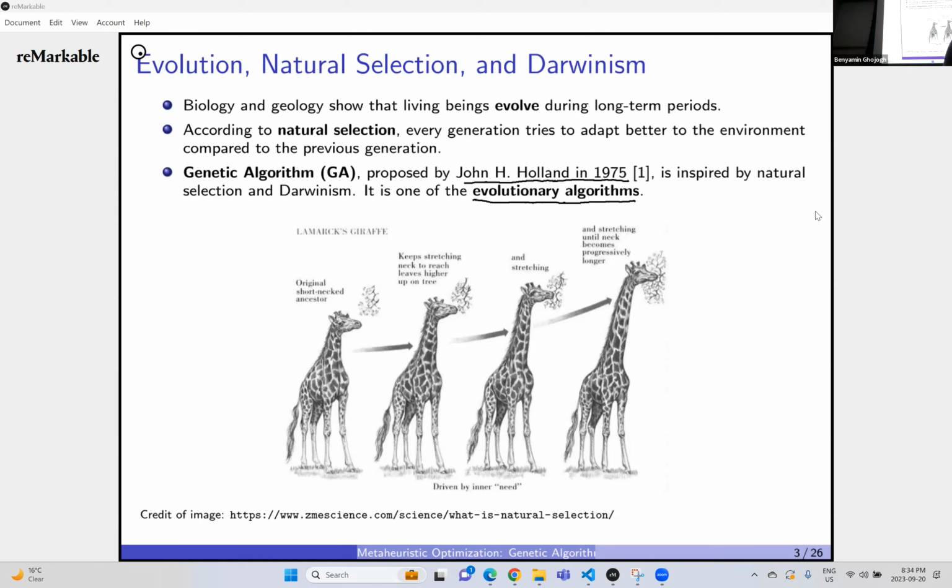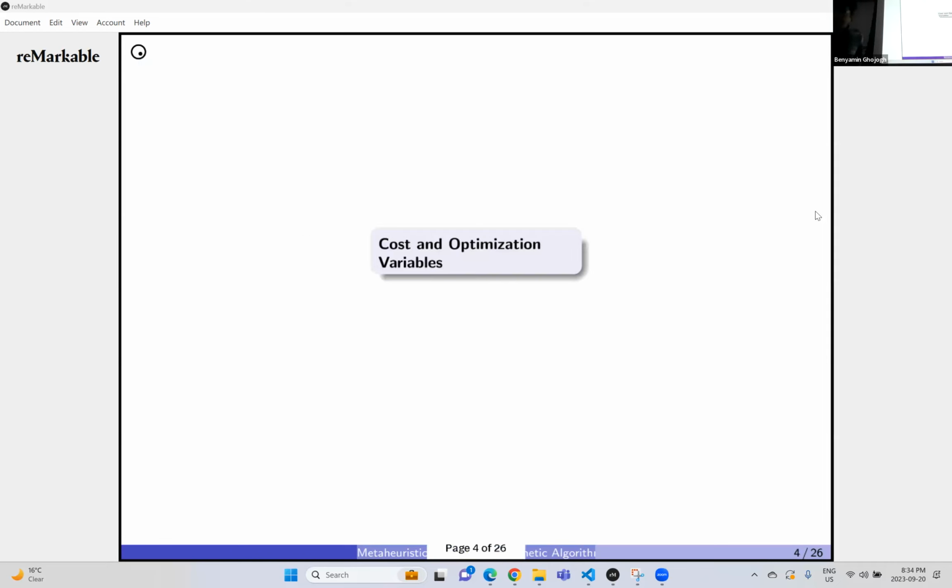But the ones which had shorter necks died because they didn't have enough food. They couldn't reach the leaves at the top of the tree, therefore they died. But the ones which remained mated and had offspring. Therefore, the characteristic of having long necks remained in the generations of giraffes. That's the reason. Okay, so we talked about this.